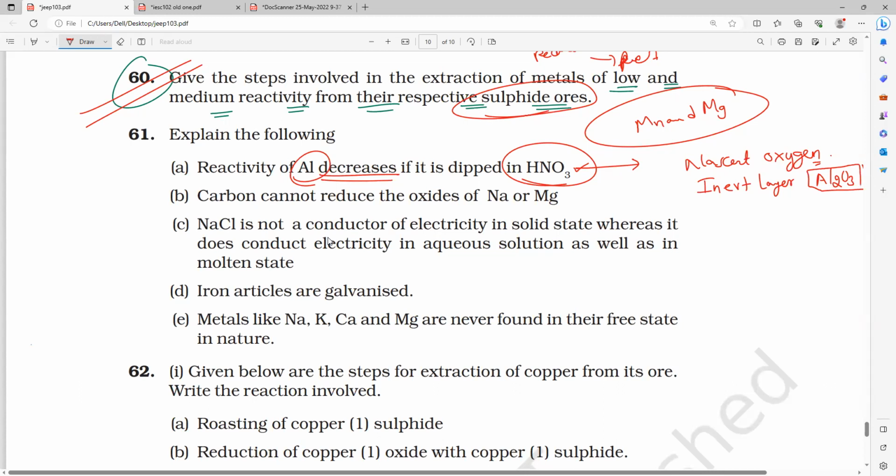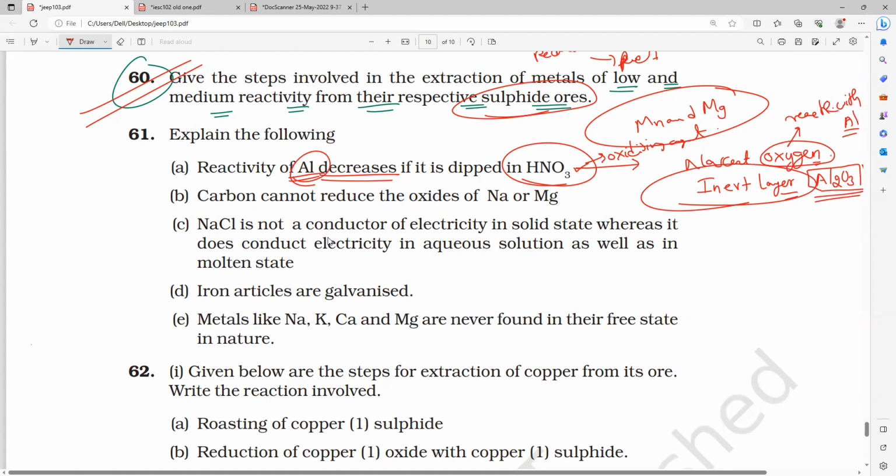When HNO3 reacts with aluminum, the rate of reaction decreases because at the beginning nascent oxygen is released, since it is a strong oxidizing agent. This nascent oxygen reacts with aluminum and forms a protective layer. What is that, guys? The inert layer is called aluminum oxide.